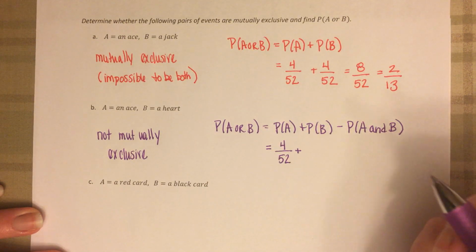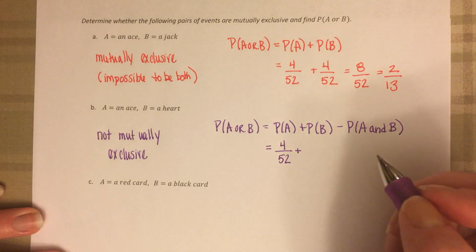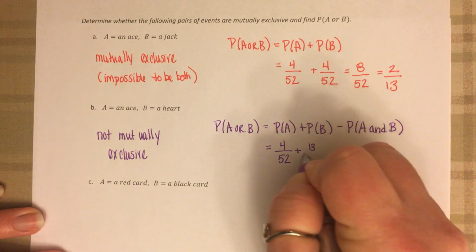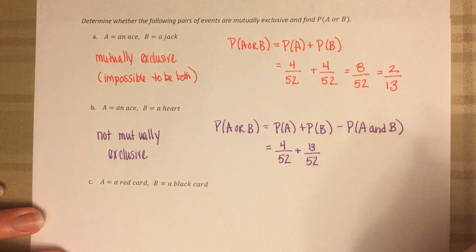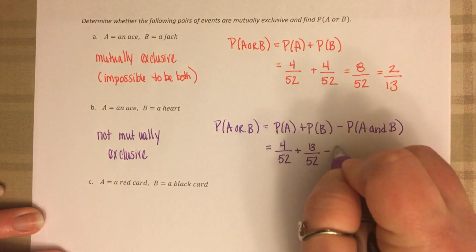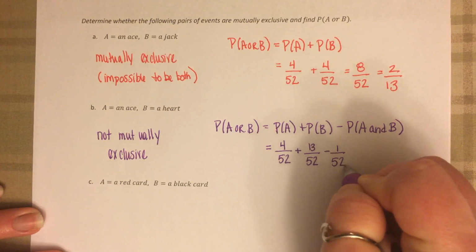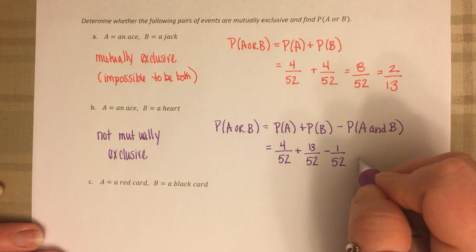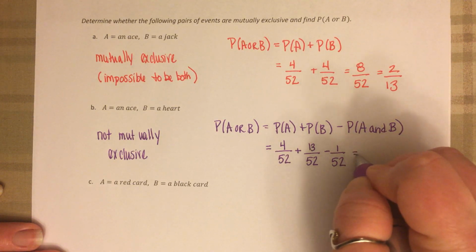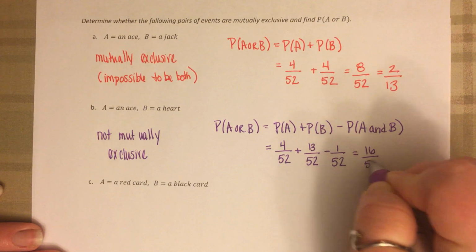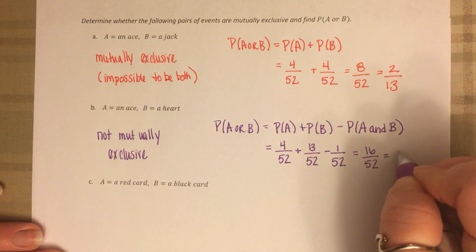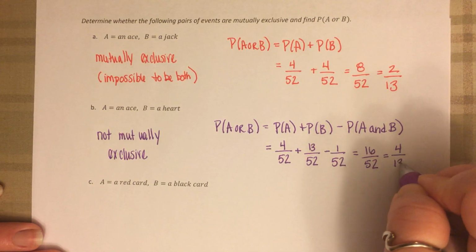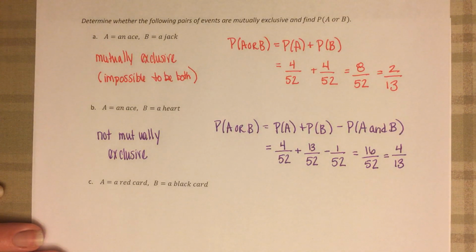Our probability of drawing a heart, we have 13 out of 52 cards that are hearts. And we have exactly one that is both, the ace of hearts. So 4 plus 13 gives us 17, minus 1 gives us 16 over 52, which, if we divide both by 4, gives us 4 over 13 as a reduced fraction.